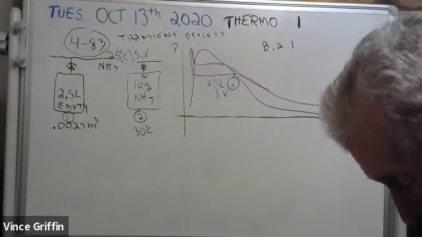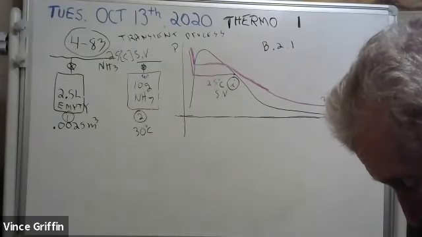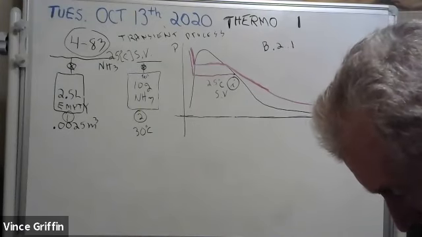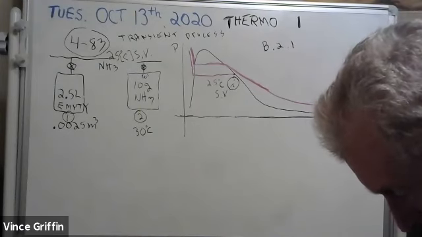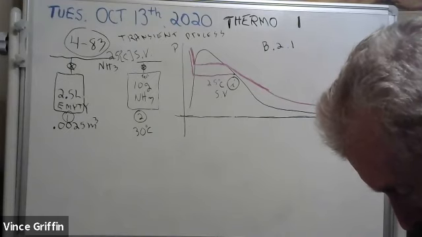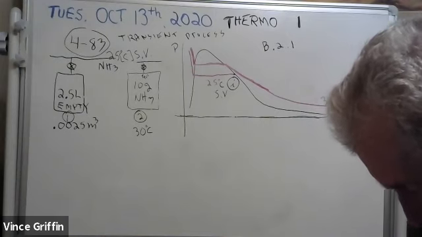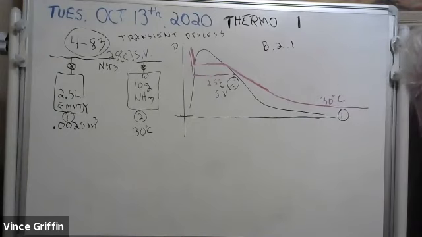Let me keep reading here. We're doing problem 483. We're going to cool the tank, fill it slowly, keeping the tank and its contents at 30. Find the final pressure, and then we'll close the valve.